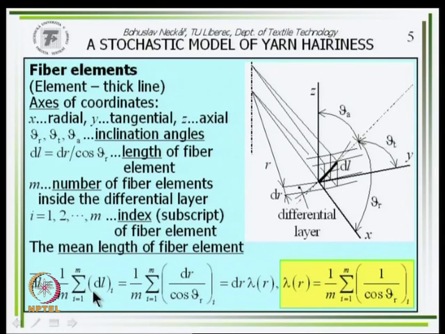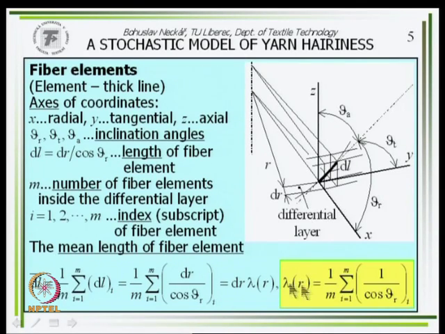We must sum all fiber elements from 1 to m and divide by m, as for each mean value. So this is the mean length of a fiber element. We can also write it in this form, because dl is this here. It is also possible to write it formally as dr times lambda r, where lambda r is this expression. This is the same.